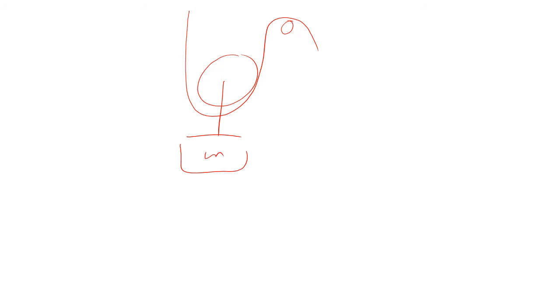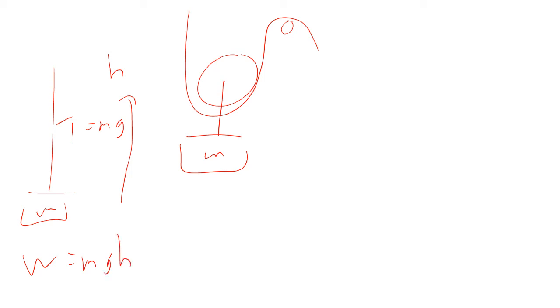Again, with a pulley. Remember, if we had a pulley and a rope like that, and some mass m, compare that to just having some mass m where the tension is mg. If I lift this some distance h, then the work is going to be mgh. Whereas here, the tension is going to be 1/2 of mg, because you've got two tensions pulling up, and that balances the mg down.